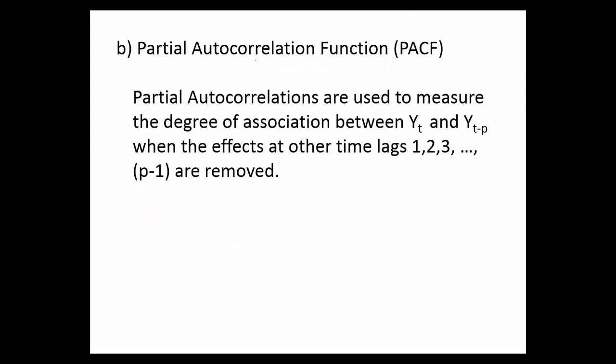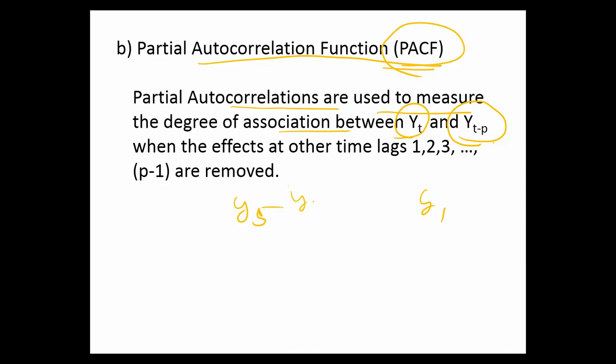Another important thing is the partial autocorrelation. This is also some sort of a correlation, but slightly a variation of that. Partial autocorrelation, known as the PACF, is used to measure the degree of association between yt and yt minus p, while removing the lags in between. Say this is y5 and this is y1.